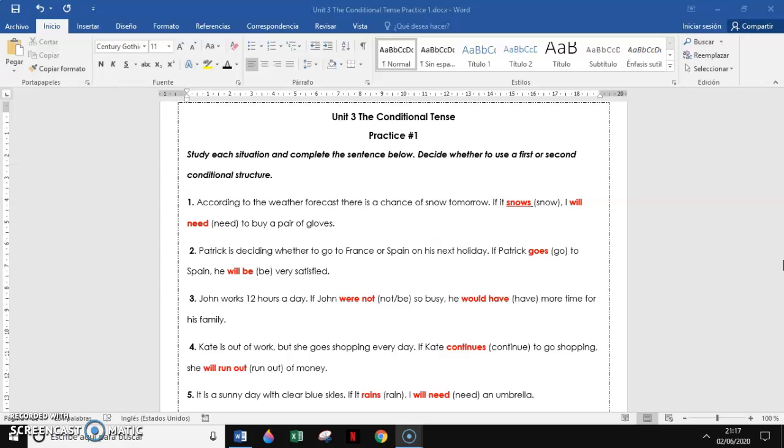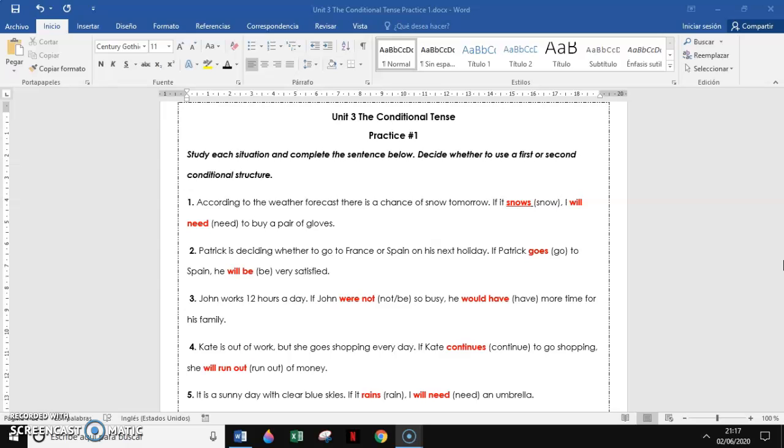The formula for the second conditional is the verb in the past simple tense plus would. Both of them are followed by an if clause, right?